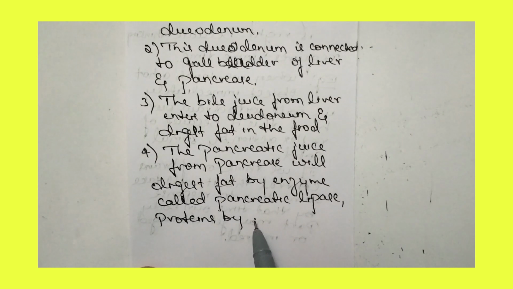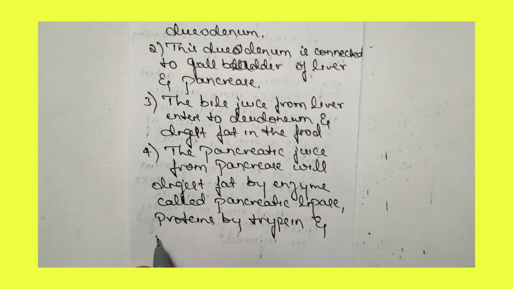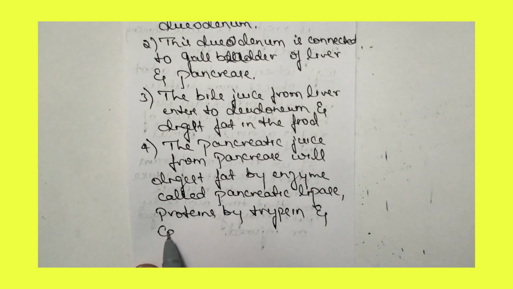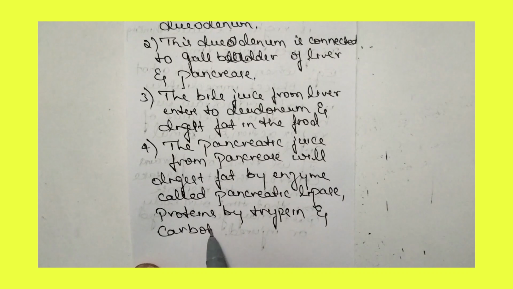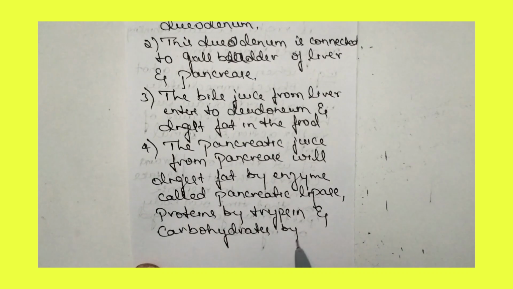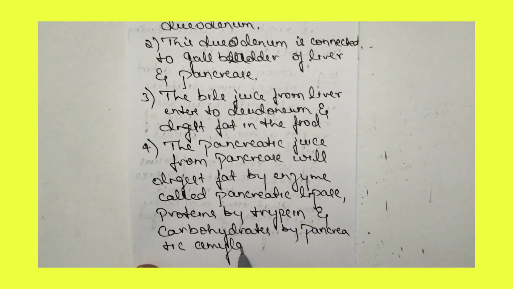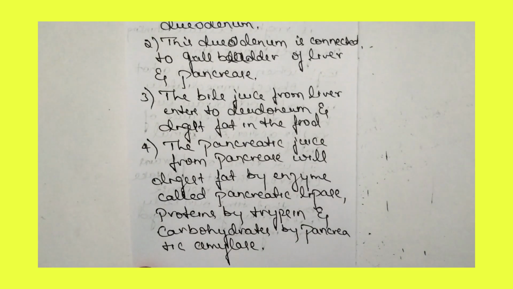Protein will be digested by an enzyme called trypsin, and carbohydrates by pancreatic amylase. So like that it will be digested.